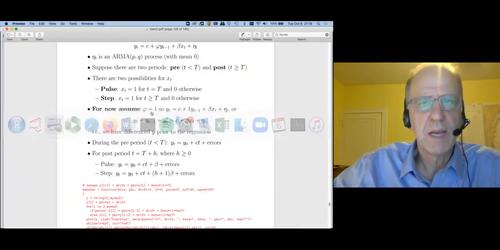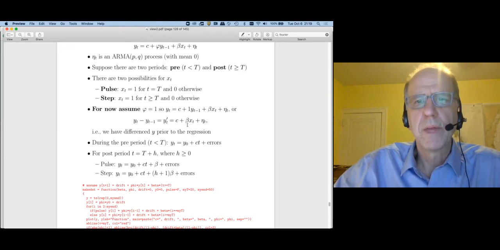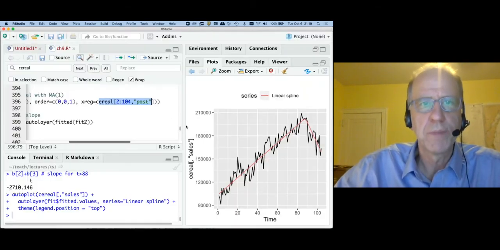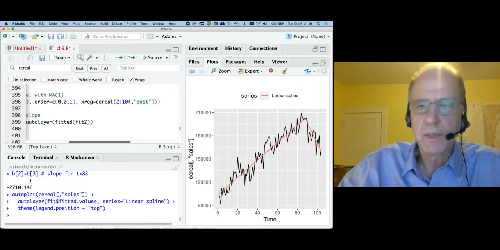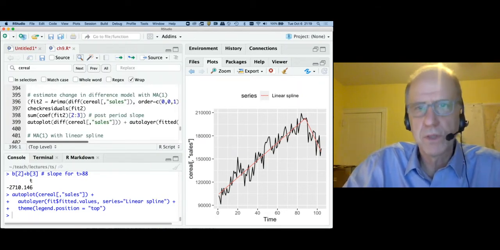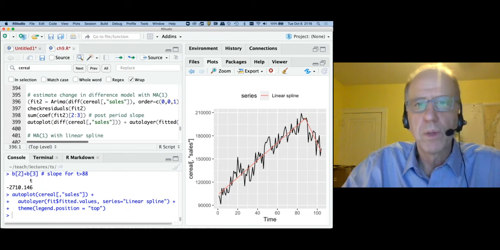The way to think about what's happening here is that's going to be my beta. So how do the differences change? Really, what I'm doing is just estimating the model for simple means, but with fancier errors.